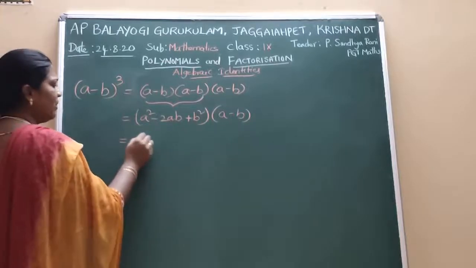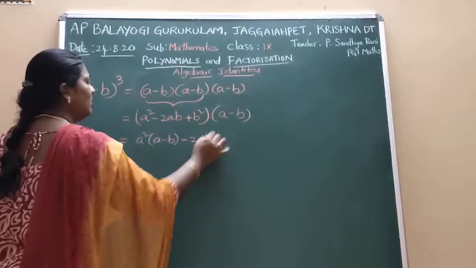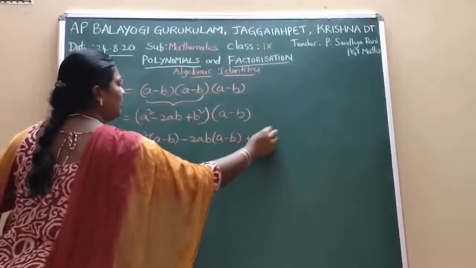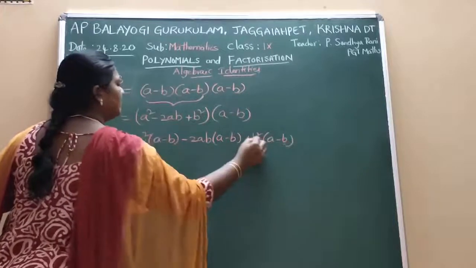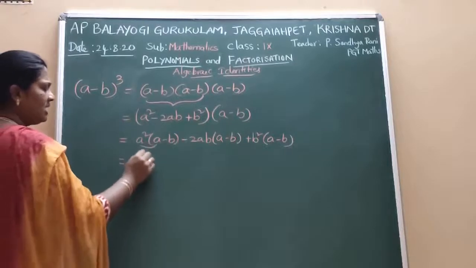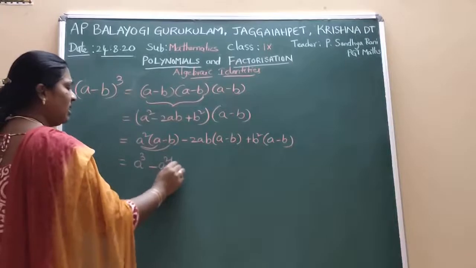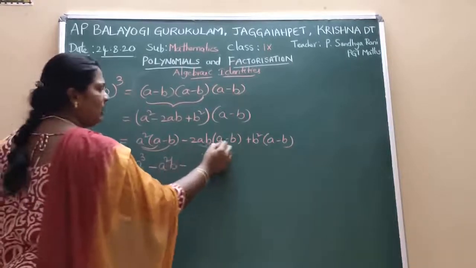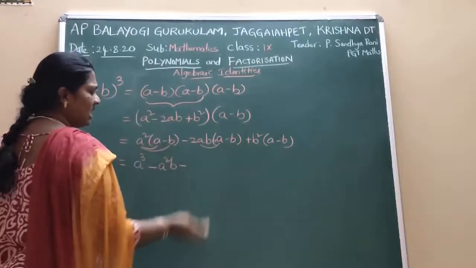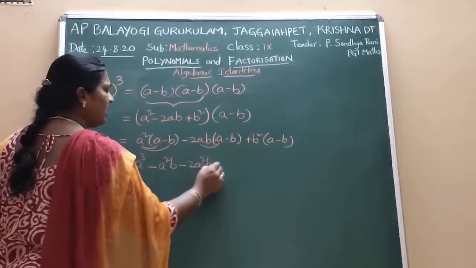So that is a square into a minus b, minus 2ab into a minus b, plus b square into a minus b. See, students, a square into a, that is a cube, minus a square into b, a square b. Minus 2ab into a: here we have to multiply the signs, minus into plus, that is minus, so 2ab into a, 2a square b.